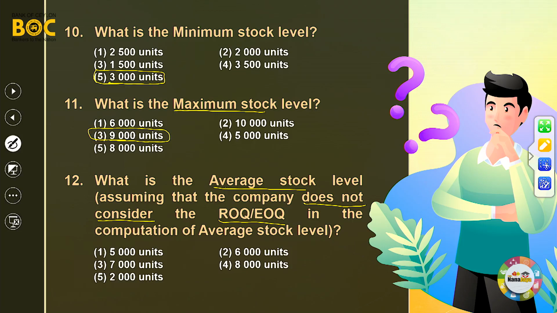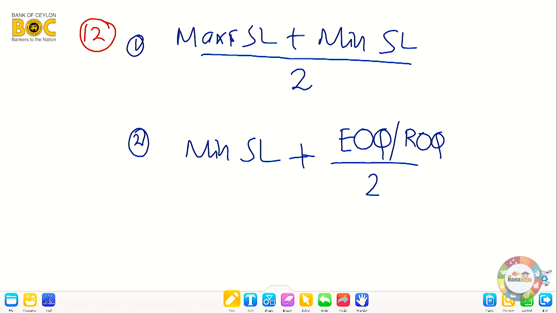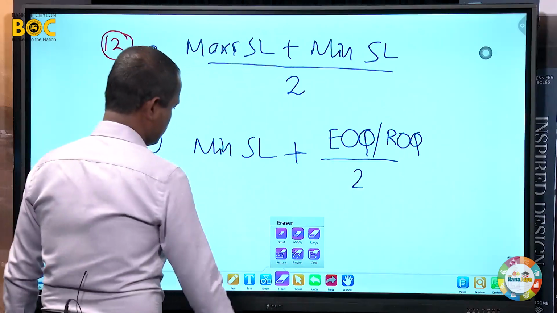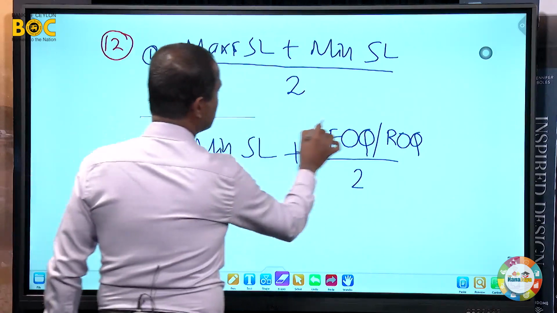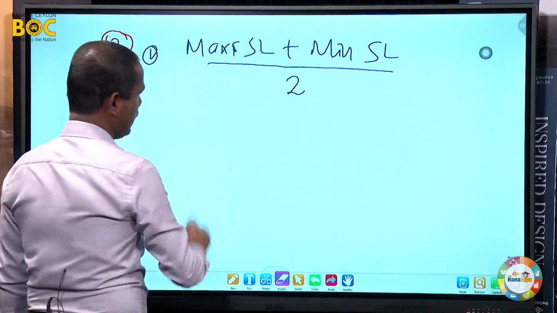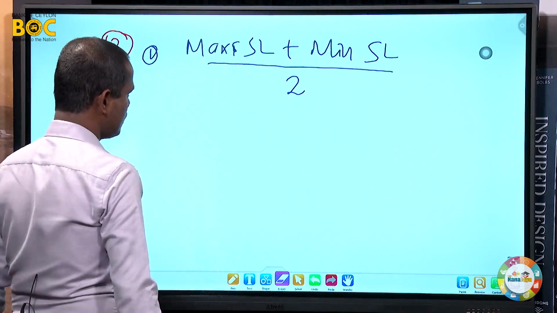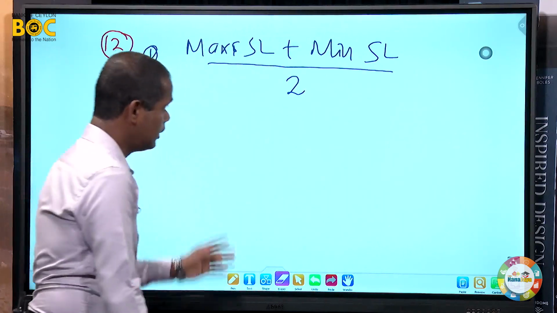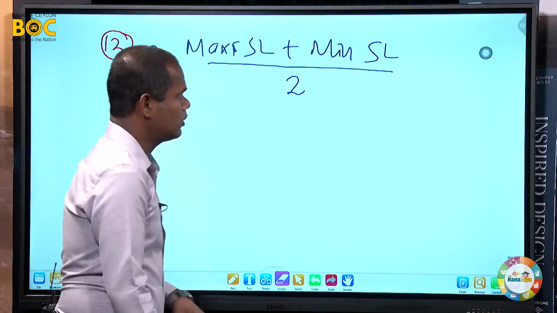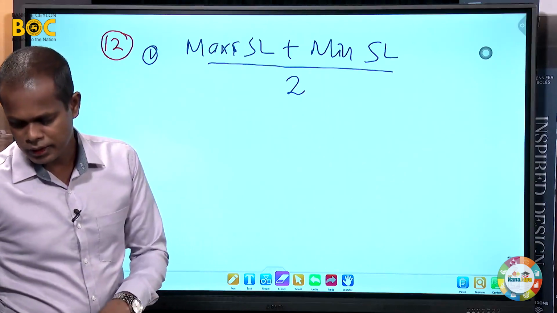Calculate the average stock level assuming that the company does not consider the reorder quantity. Since the company doesn't consider this, the second formula is out. You use the first formula: the maximum stock level plus the minimum stock level divided by 2.